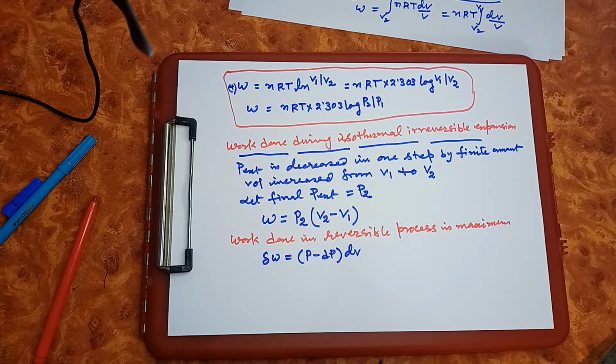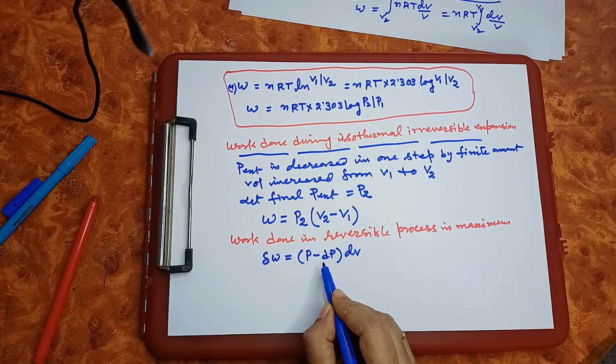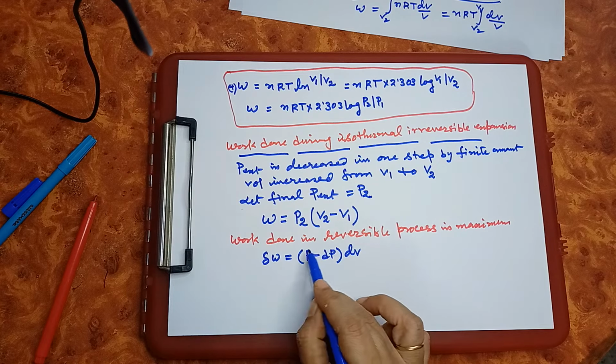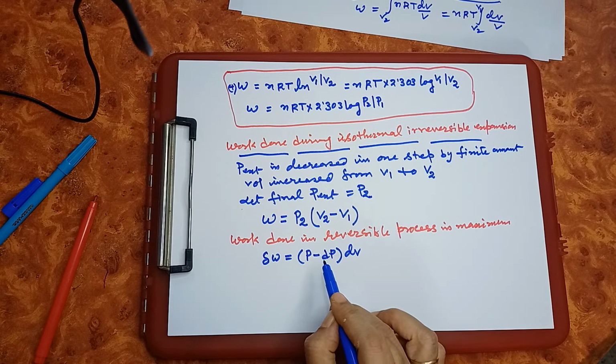For each small step, reversible process means it is taking place in a large number of infinitesimally small steps. So in every step pressure is decreased by a very small, infinitesimally small amount. So the external pressure part is more, the decrease is very small.